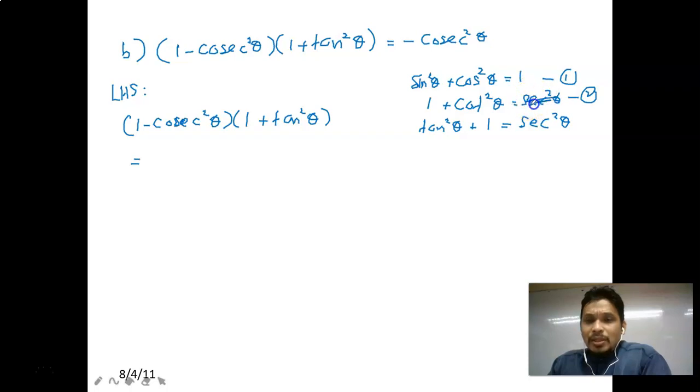Sorry, this is cosecant in the earlier one, not secant, cosecant. Okay, I'll make a correction here.